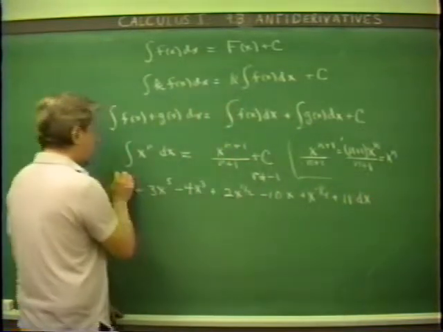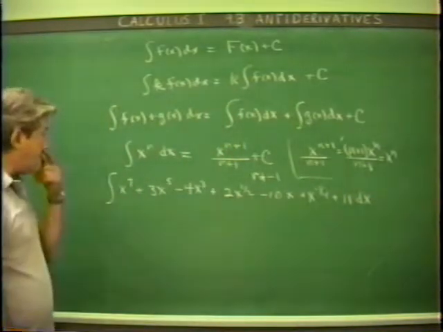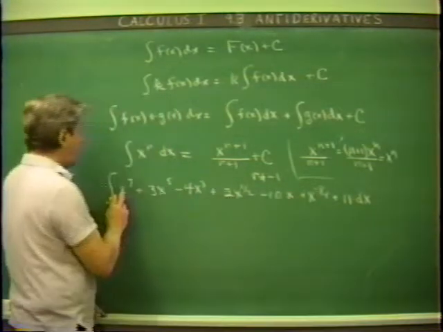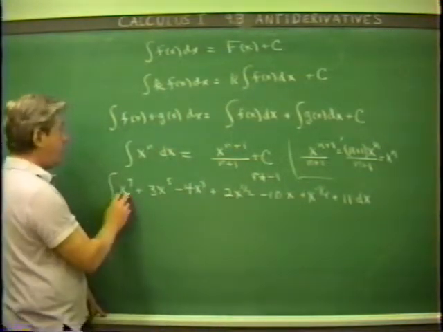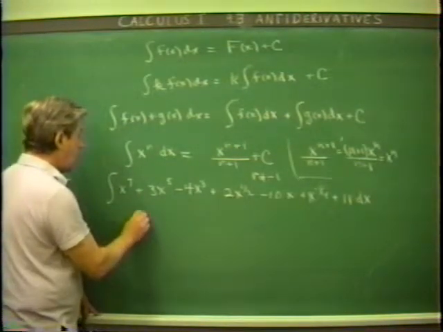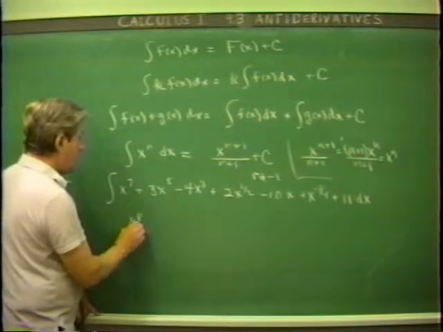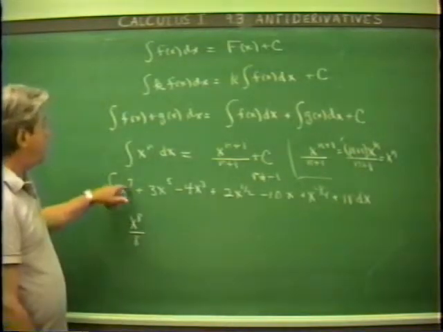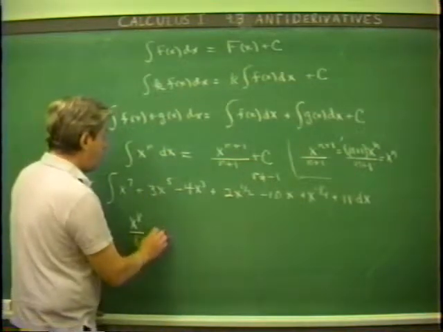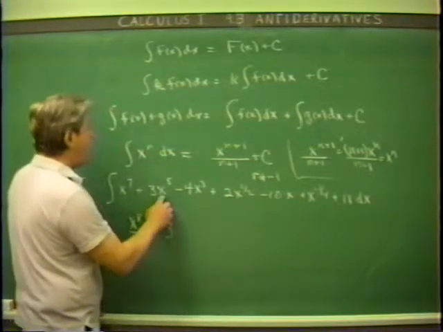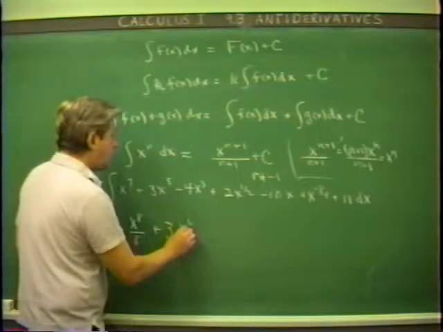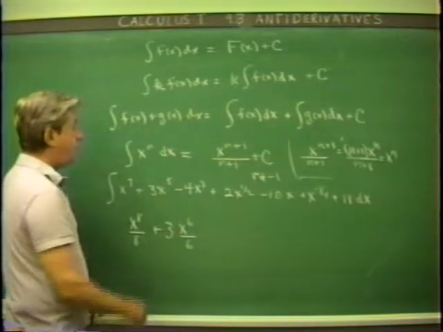If we want to find the antiderivative of this with respect to x, we'll symbolize this like so. And now, because this is a sum, we can take the antiderivatives of the individual elements. The antiderivative of x to the 7th is going to be x to the 8th over 8. You take the antiderivative, you raise it to the next highest power and divide by that highest power. And this is 3 times x to the 5th, so the antiderivative is going to be 3 times the antiderivative of x to the 5th, or 3x to the 6th over 6.